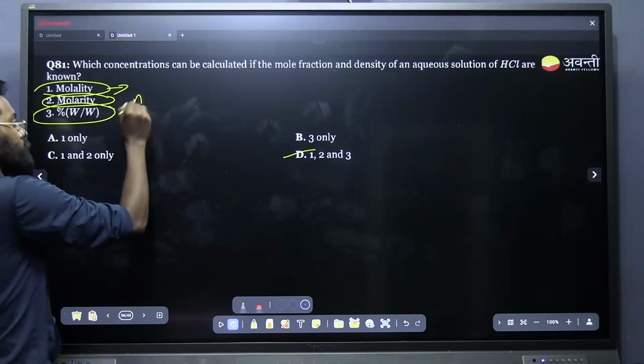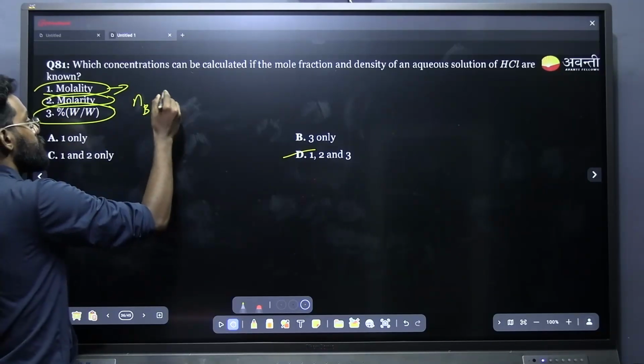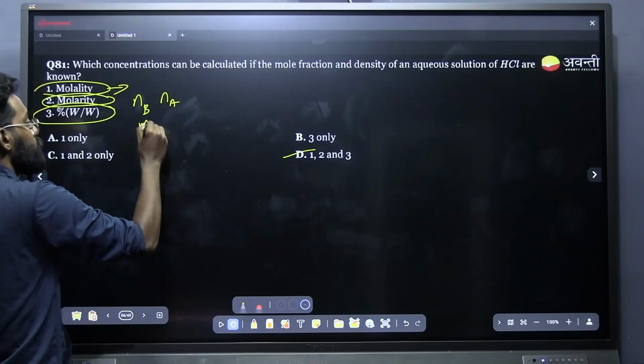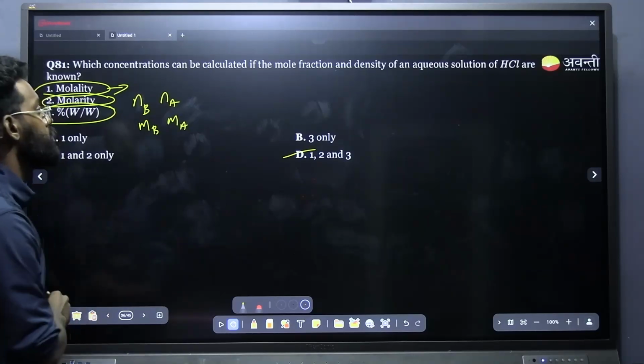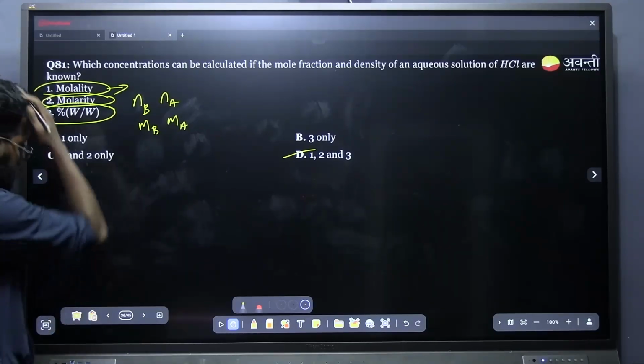What do we need? We need the number of moles of solute, number of moles of solvent, and mass of solute and mass of solvent. These are the things we need. All these things we can find out from the mole fraction. How can we find out?